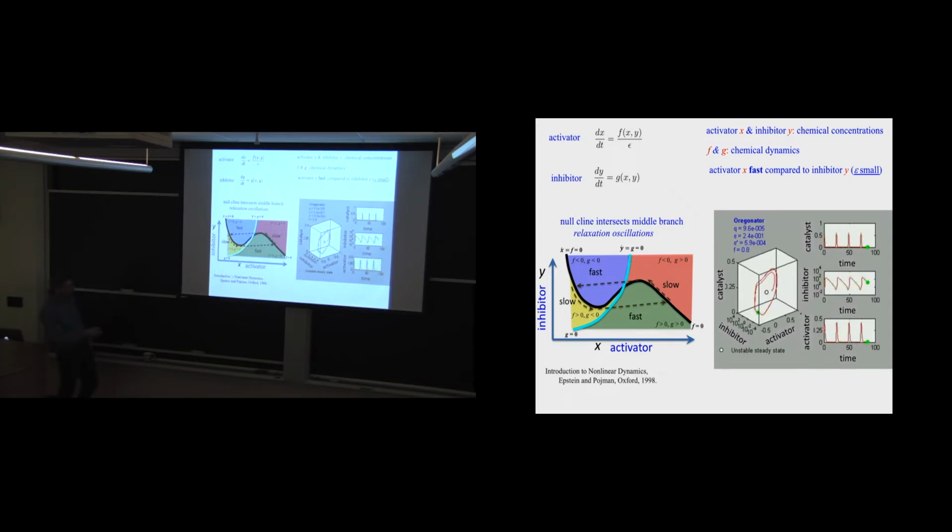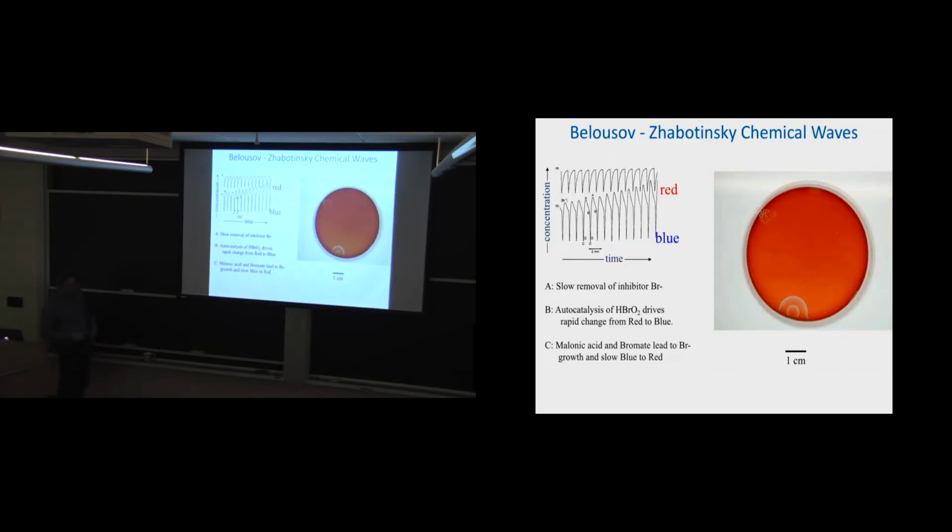My colleague Irv Epstein at Brandeis has been working 40 years on this, on building chemical clocks. If you don't stir, then you get these chemical waves. The blue is the oxidized, and the red is the reduced. You can see how nonlinear it is, because when two waves intersect, they annihilate.